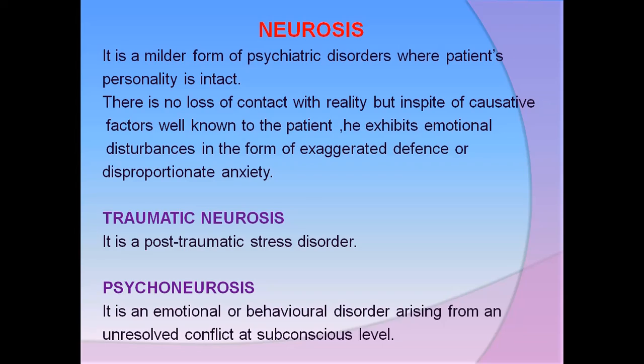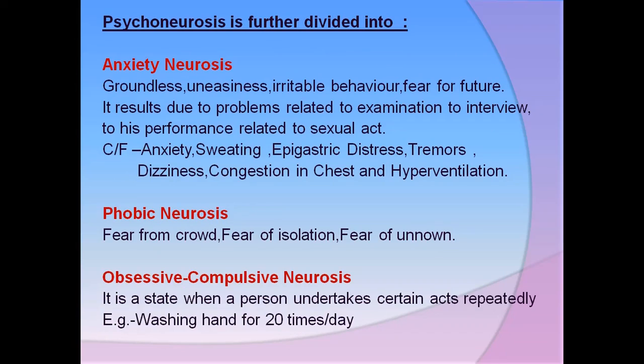Psychoneurosis, it is an emotional or behavioral disorder arising from an unresolved conflict at subconscious level. Psychoneurosis is further divided into anxiety neurosis, phobic neurosis, obsessive compulsive neurosis. Anxiety neurosis, these are groundless, uneasiness, irritable behavior.